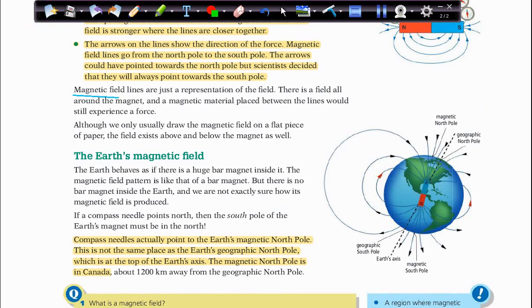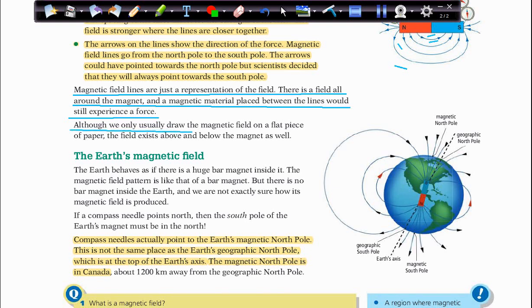Magnetic field lines are just a representation of the field. There is a field all around the magnet, and magnetic material placed between the lines would still experience a force. So if we put any material here, or there, it will still experience the magnetic force. The magnet will still attract it.